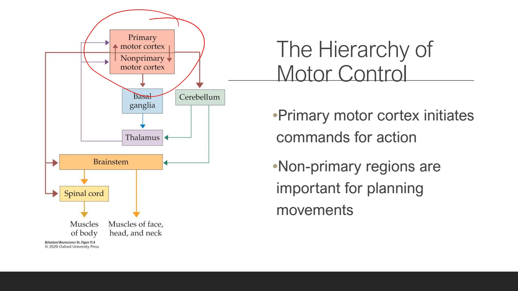Non-primary regions, like premotor cortex and parietal cortex, are important for planning movements as well. The primary motor cortex is involved in actually initiating the signals that will move the muscles in the body.